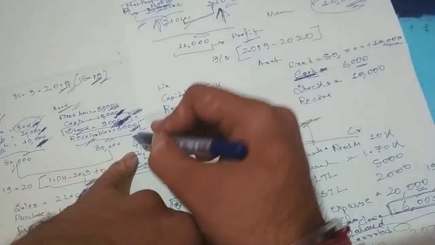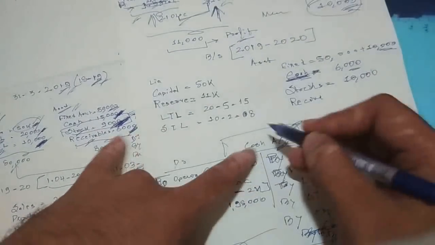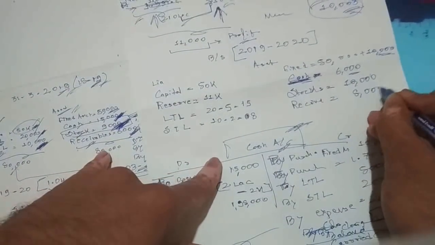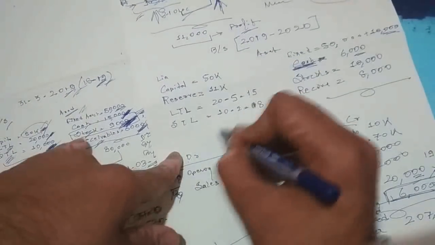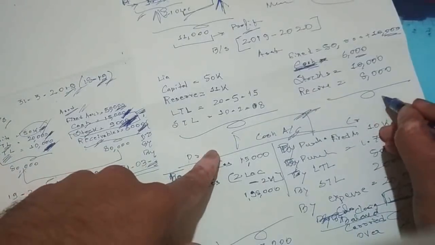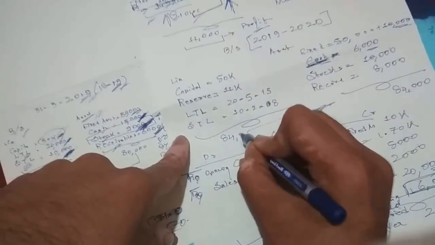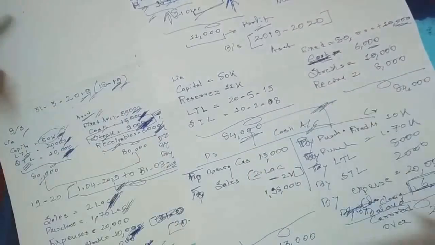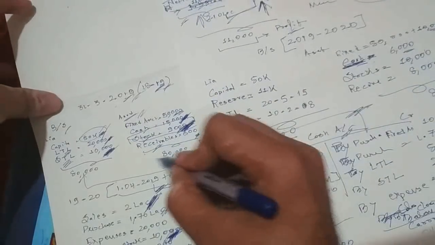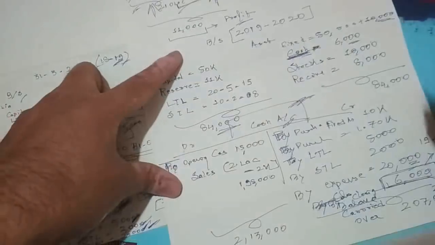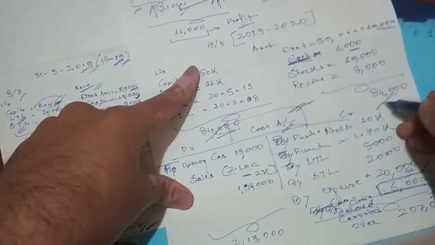So we already had receivables of 6,000 and 2,000 more added, so 8,000. Now when you balance these two sides, it will become 84,000. Here you started the balance sheet with the assets and the liabilities 80,000. Here also, you had 84,000.